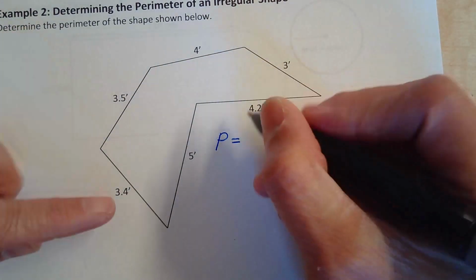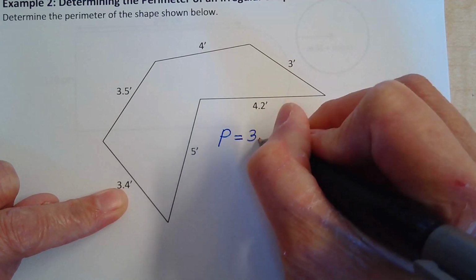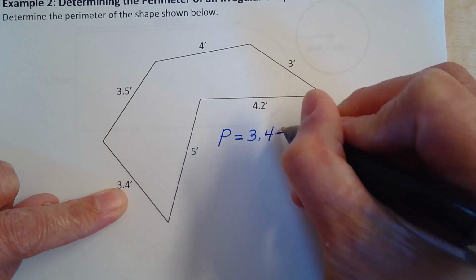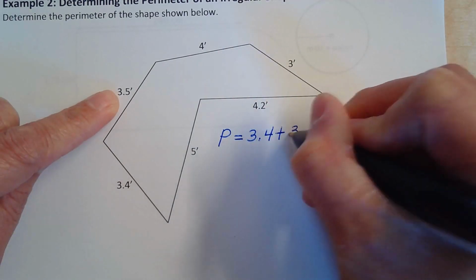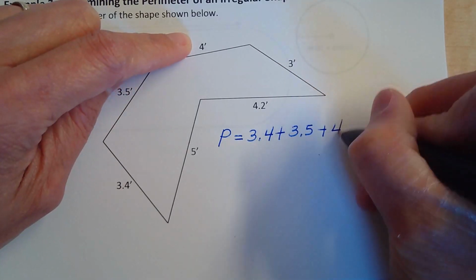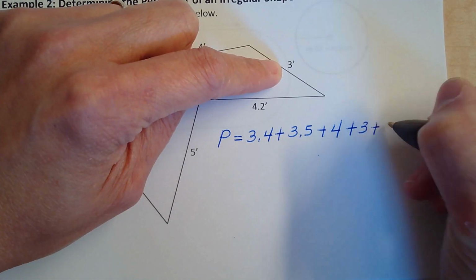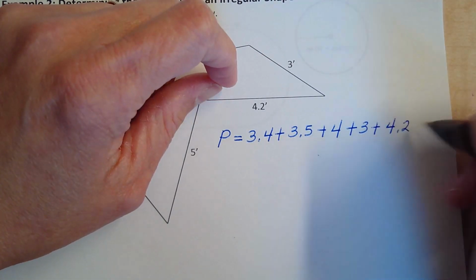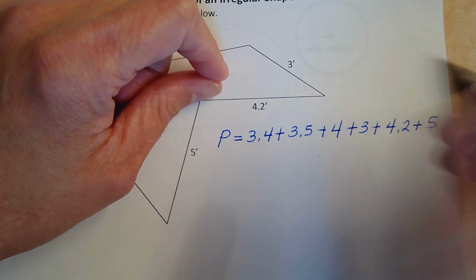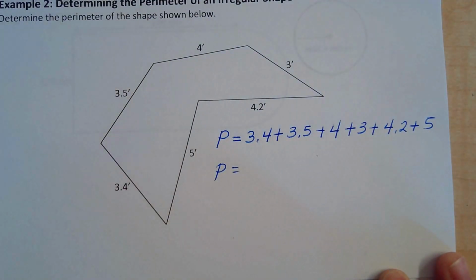So let's do that. Okay, I'll start here at the bottom. So 3.4 plus 3.5 plus 4 plus 3 plus 4.2 plus 5. We're just doing one operation here, which is adding.